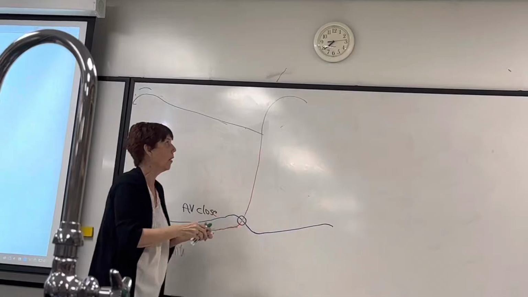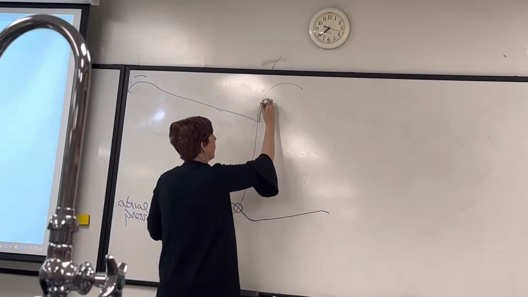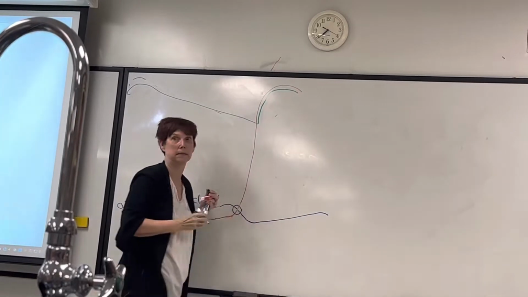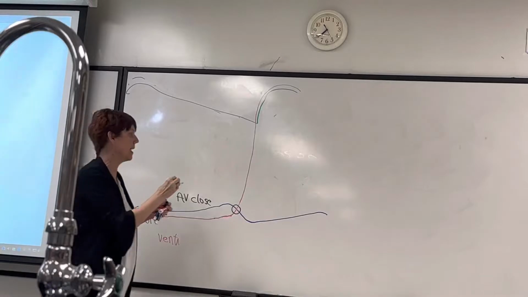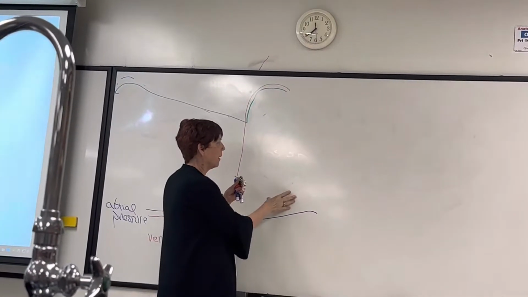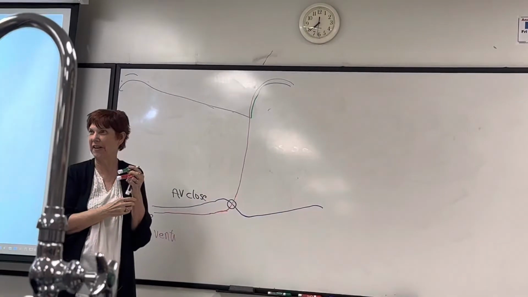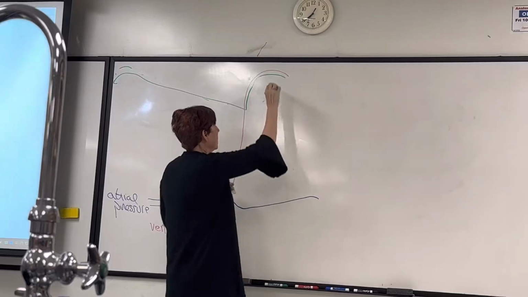With blood going into the aorta, aortic pressure is rising as well. It's not higher than ventricular, but its pressure is rising. Then the ventricles start to relax because we are in the T-wave part of our ECG.